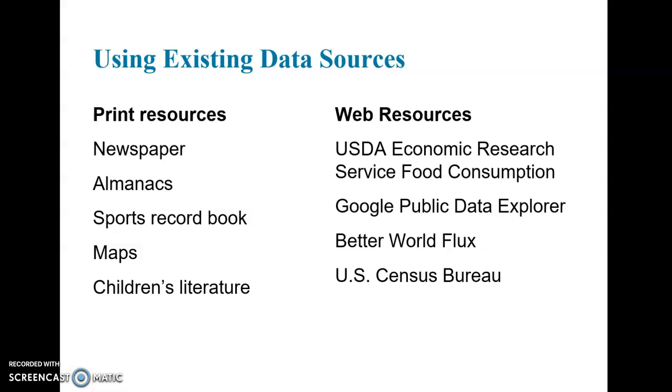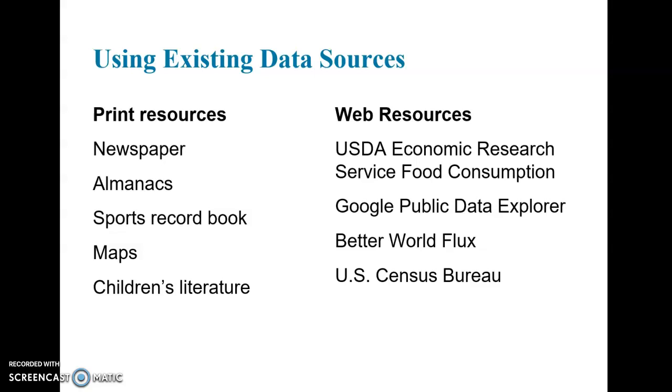You can also look up official Olympic records, the USDA, data.gov, Google Public Data Explorer, Better World Flux, NCTM Illuminations State Data Map, the Central Intelligence Agency, and the U.S. Census Bureau.